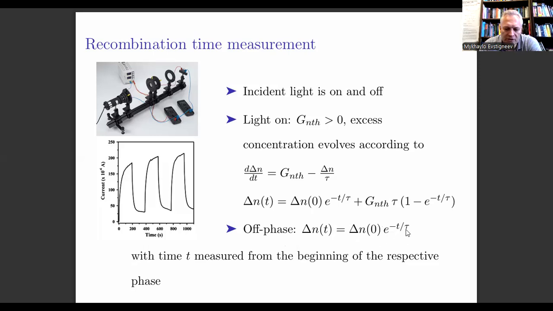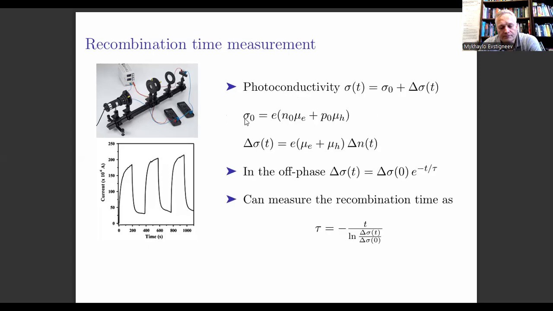So delta n of 0 exponential minus t over tau. And so by measuring the time-dependent current for on and off phases, you should be able to determine this recombination time tau. So that's the idea of these experiments.